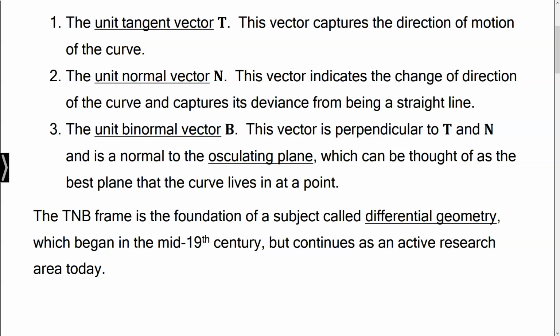Well, it's because we showed previously, a couple videos ago, that if a curve lies on a sphere, so if its length is constant, so if in 2 dimensions it lies on the unit circle, or if in 3 dimensions it lies on the unit sphere, the derivative was always orthogonal, right?